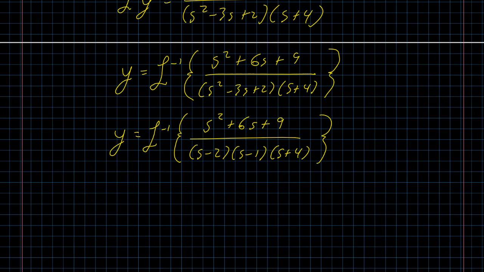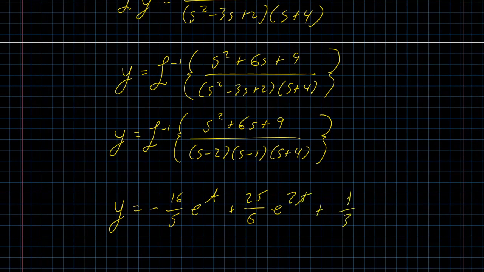Finding an inverse Laplace transform is tedious and time-consuming, especially when they get messy like this, and I don't want to do it if I can avoid it. So let's use the fact that we've already solved this to jump straight to the answer. You can fill in all the details just by looking back at the previous video. This comes out to negative 16 over 5 times e to the t, plus 25 over 6 times e to the 2t, plus 1 over 30 times e to the negative 4t.